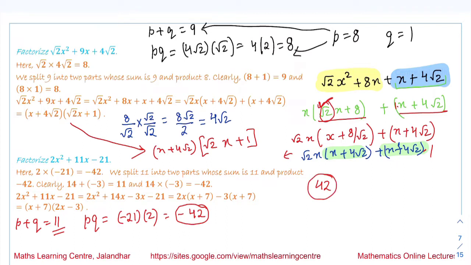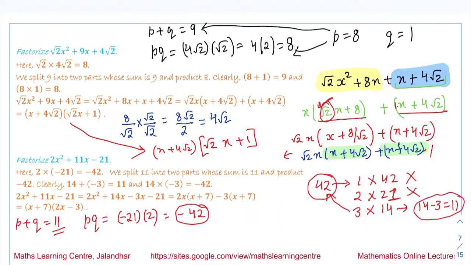When we take the factors of 42, we will see that 1 into 42 is not working in this case. Then 2 into 21 is also not suitable. Next we have 3 into 14, it is 42, and if we calculate 14 minus 3, the answer is 11. So this value is sufficient for us.